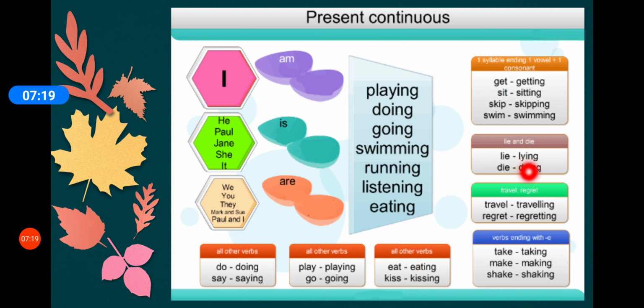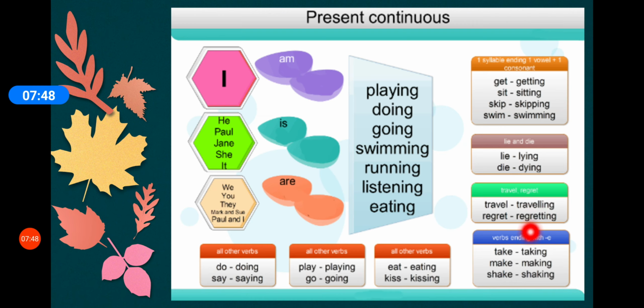Right? In case we have a verb that ends in IE, in place of IE we add Y and then add ING. For example, lie, it becomes lying, LYING. Similarly, die, it becomes dying, DYING. Now children, the words like travel, the last alphabet is doubled, traveling, regret.